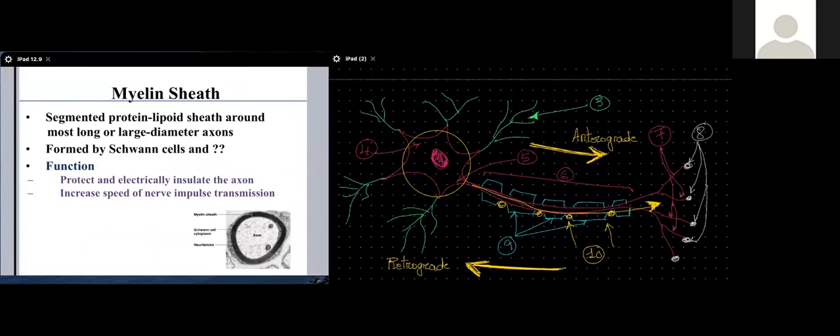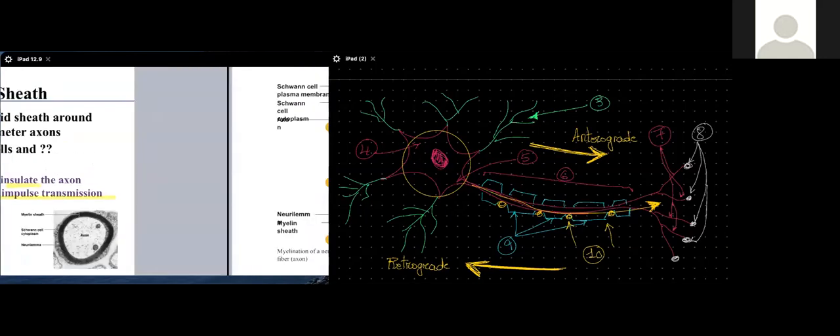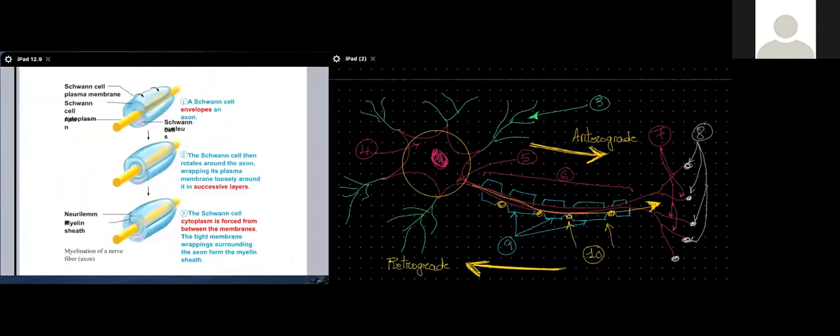Myelin sheath is going to be responsible to protect and electrically insulate the axons, and they will be responsible to increase the speed of the electrical transmission, as we're going to see in a second how. How do you form the myelin sheath? The myelin sheath is simply a lipid covering the axon.